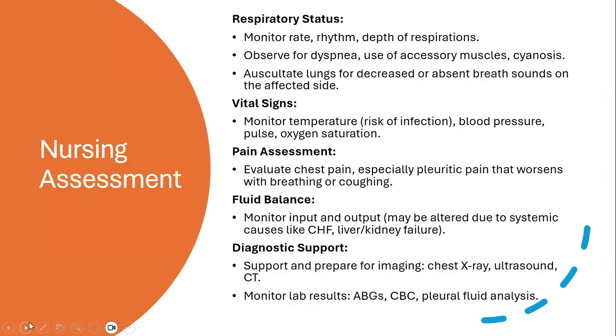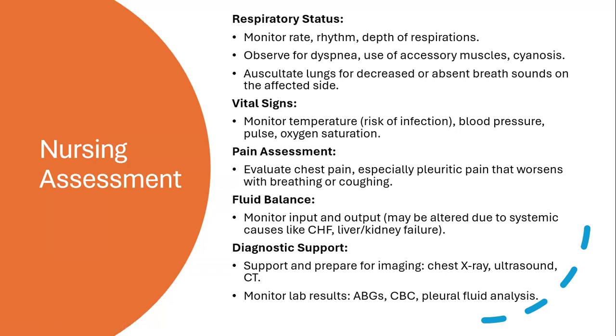The first step is nursing assessment. We begin by assessing the respiratory status of the patient, looking at the respiratory rhythm and depth of respiration, and observing for dyspnea, the use of accessory muscles, and also cyanosis.